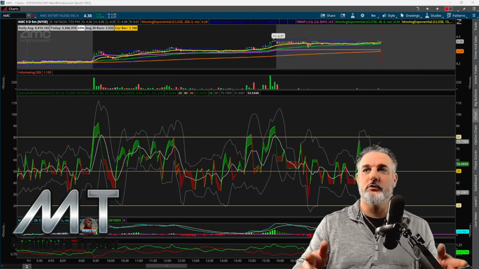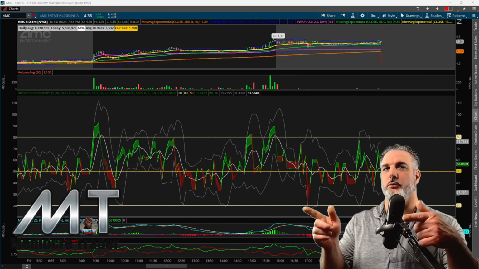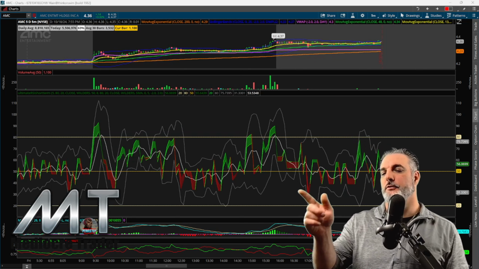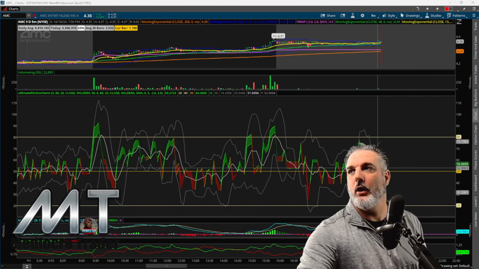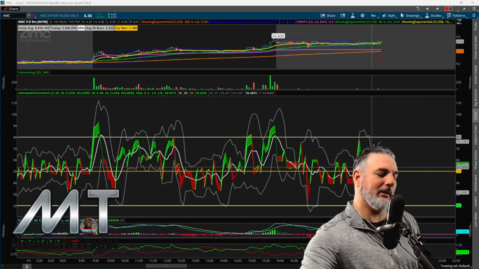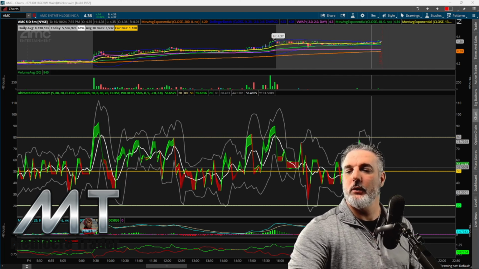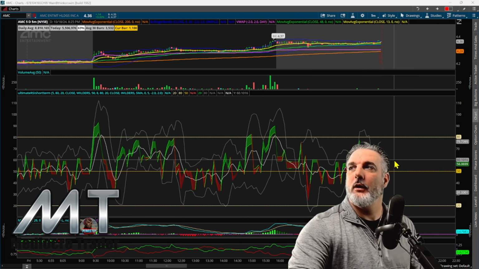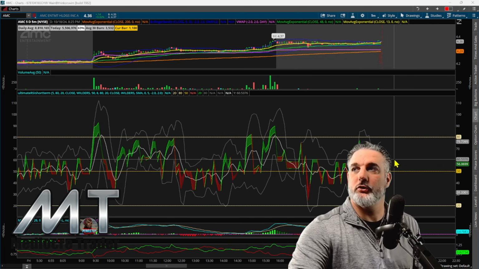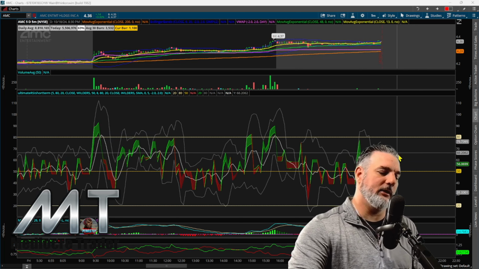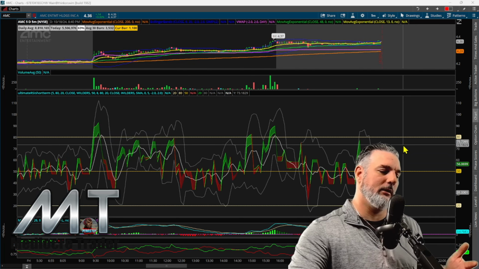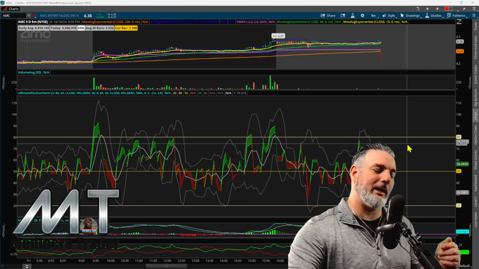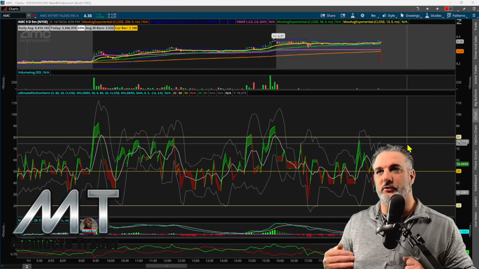Okay, now let's talk about the RSI, since we're talking about it right here. Let's talk specifically about the RSI line. All right, so as the stock is being purchased and bought up, the RSI line is going to head up towards the 80 line, and I use 80-20 on my RSI.